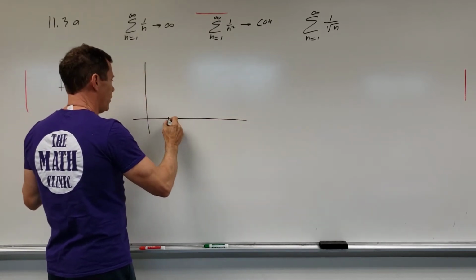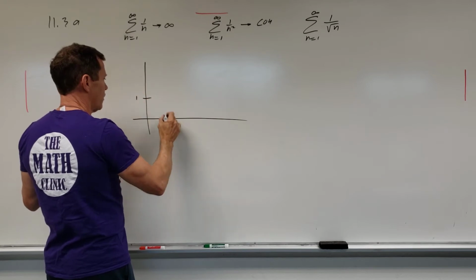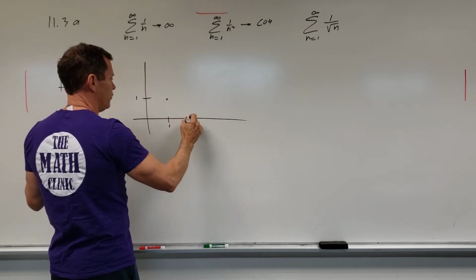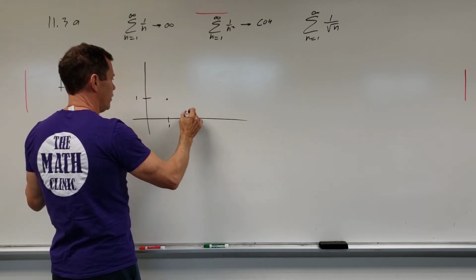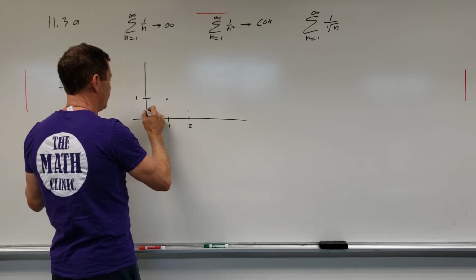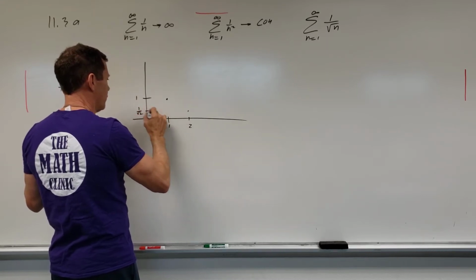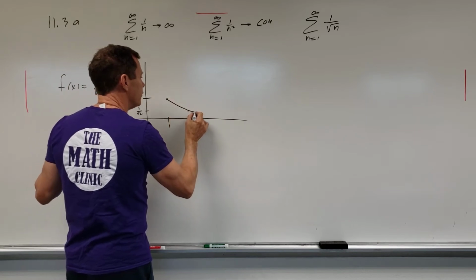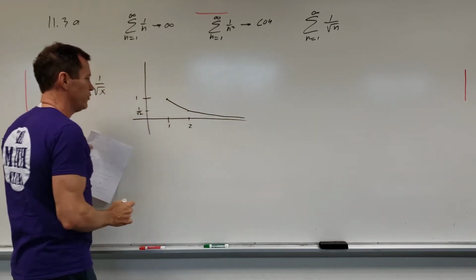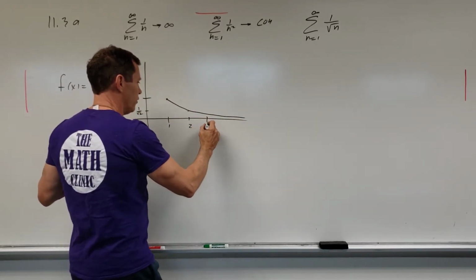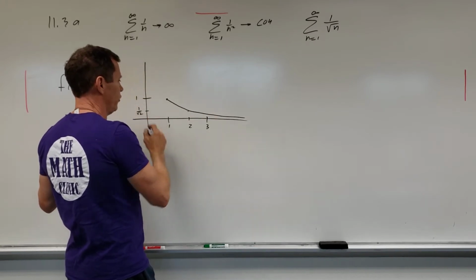When you stick in a 1, you're going to get an output of 1. When you stick in a 2, you're going to get an output of 1 over the square root of 2. So that function is decreasing, not quite as fast as the other one was. And you stick in a 3, you're going to get 1 over the square root of 3.